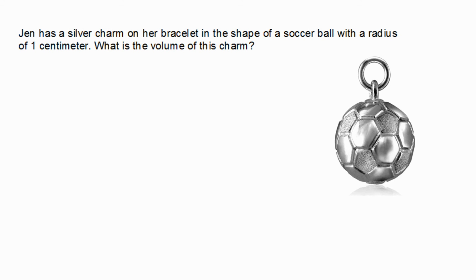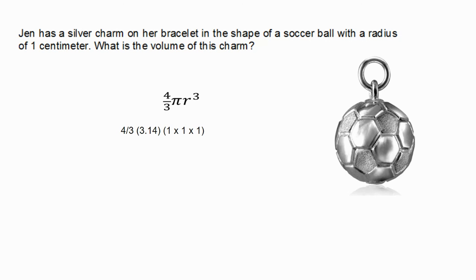All right, here's a word problem. It says Jen has a silver charm on her bracelet in the shape of a soccer ball with a radius of 1 centimeter. What is the volume of this charm? So remember that formula for volume is 4/3 pi r cubed. So then my work would be 4/3 times 3.14 for pi.